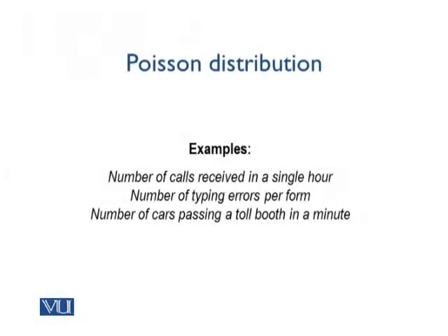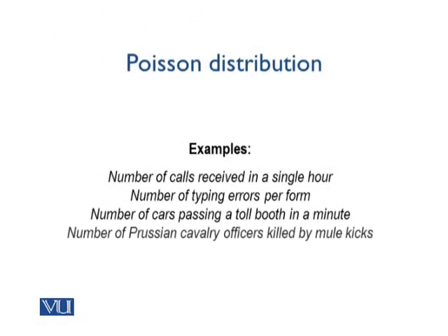A classic case in which the Poisson distribution was applied was the number of Prussian cavalry officers killed by mule kicks. This illustrates one important point: one cavalry officer dying from a mule kick does not influence other cavalry officers. So the Poisson distribution assumes independence, and it assumes constant arrival rates.